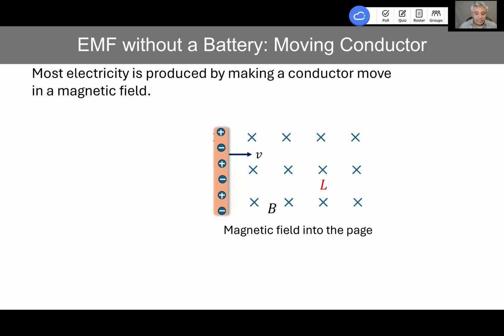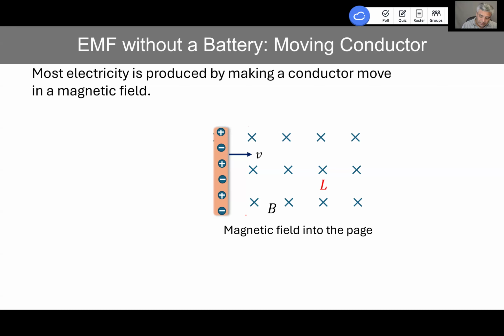Okay, so here, this one is a conductor, and since it is a conductor, it has both positive and negative charges, and that's what I'm trying to show by drawing those charges over there.